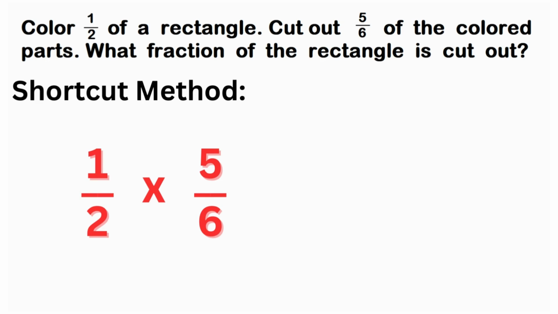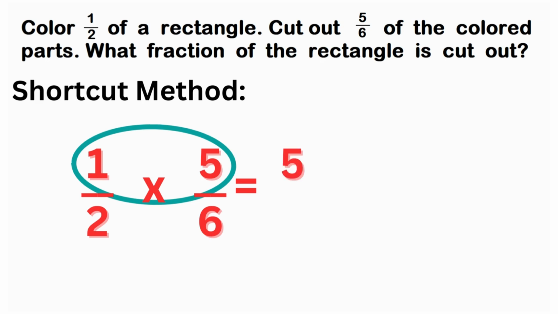Then multiply. The first step in multiplying fractions is to multiply the two numerators. Meaning, multiply 1 and 5. So 1 times 5, we have 5.